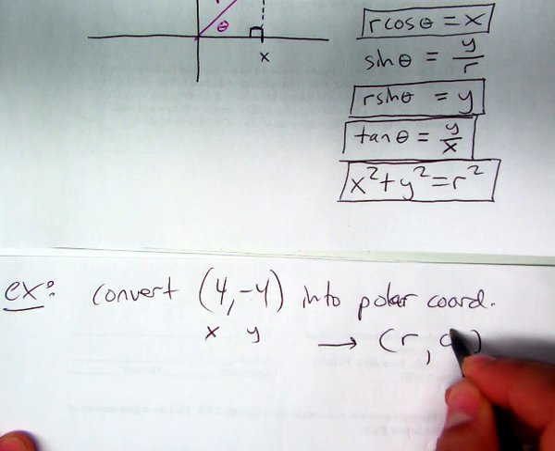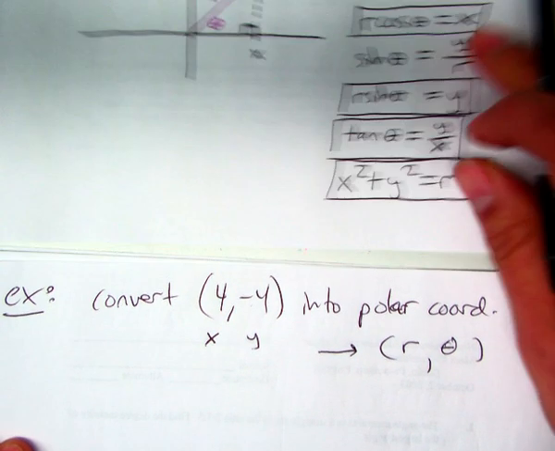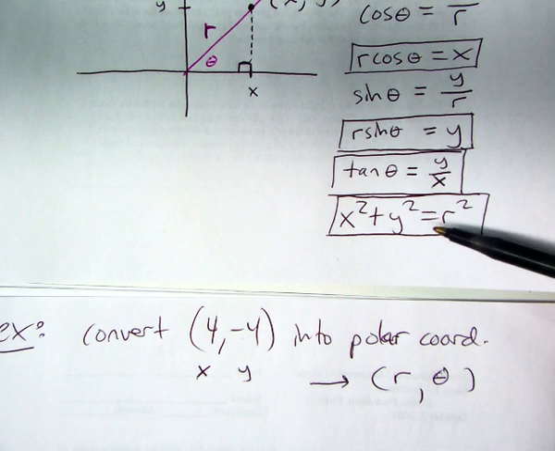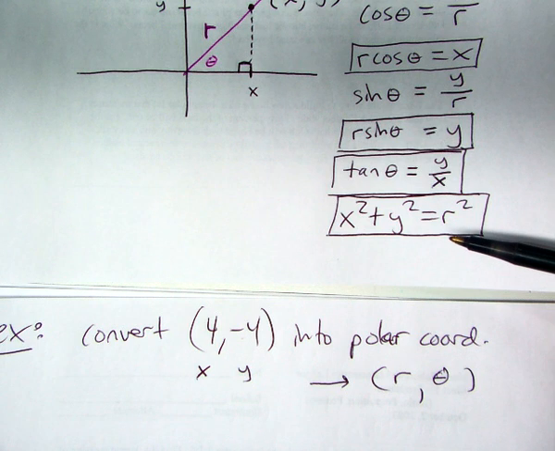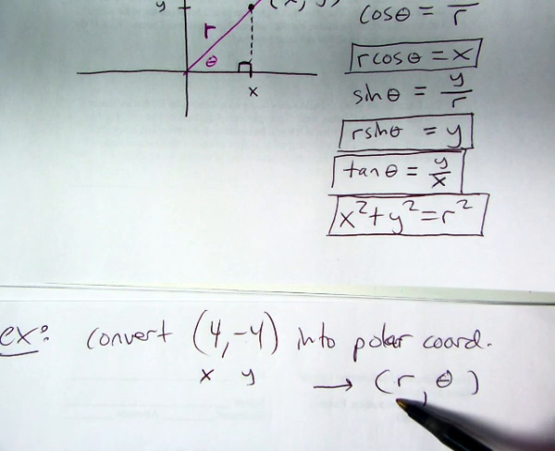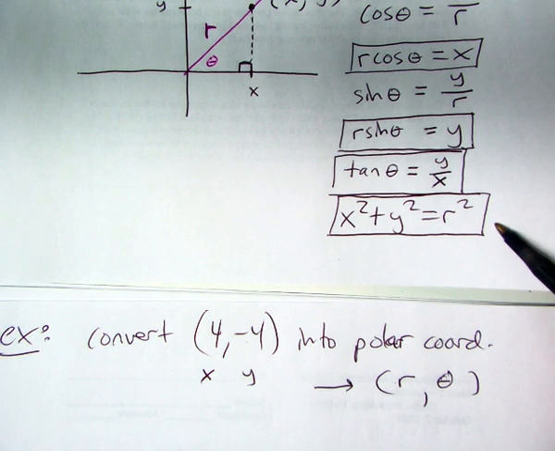Very good. So let's look at our 4 equations here, our links between polar and rectangular. How can we find R? Is there an equation that's pretty easy to work with to find R? Yeah, the Pythagorean relationship. Very good.